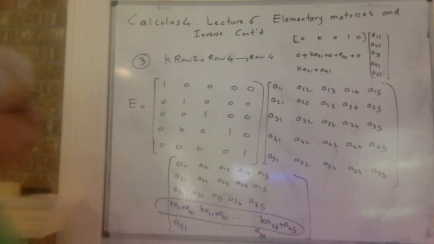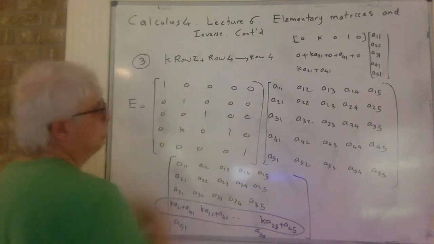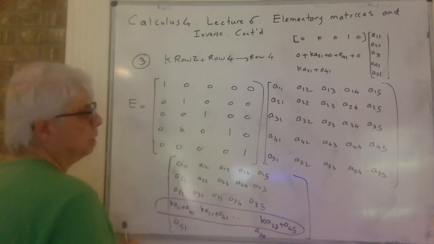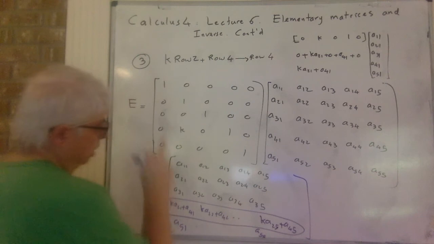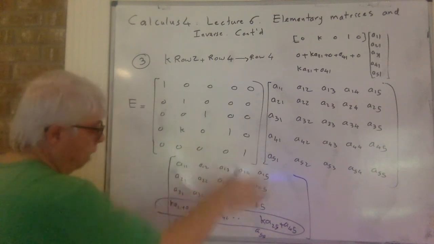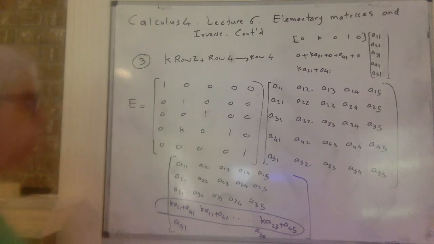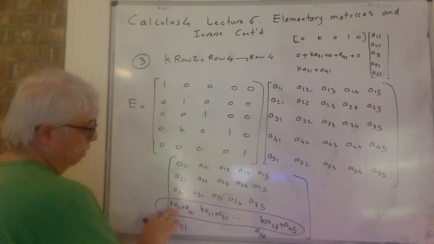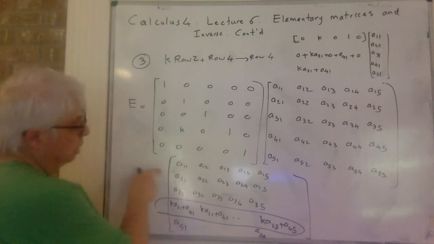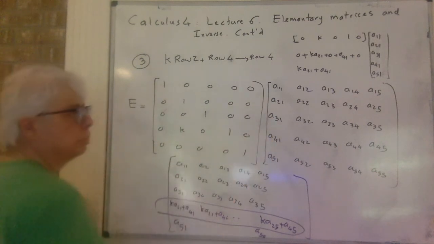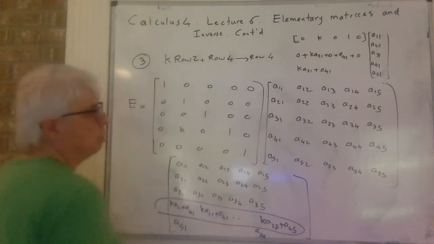So after multiplying this from the left by this elementary matrix, multiplied by a generic 5 by 5 matrix, this elementary matrix did this. Nothing happened except in the fourth row, and the fourth row has changed in this way. This row is multiplied by k and added to this.